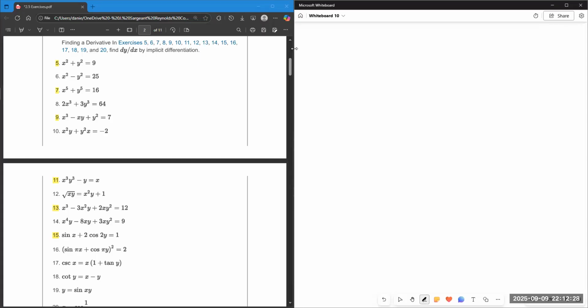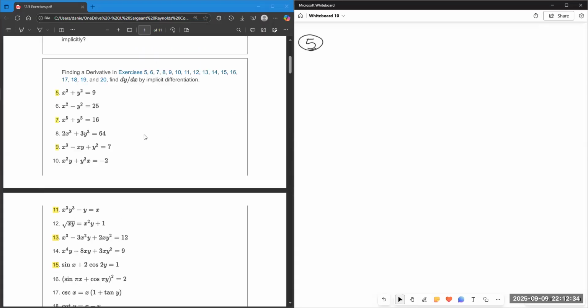Let me show you an example here with number 5. We'll do lots of problems. The book is usually using dy dx as the variable, so that's what I'll do. I'll be using 2x plus 2y times, and here's the chain rule, dy dx.